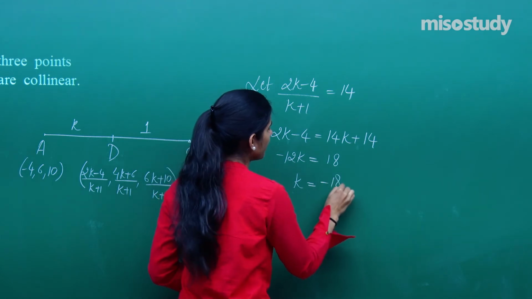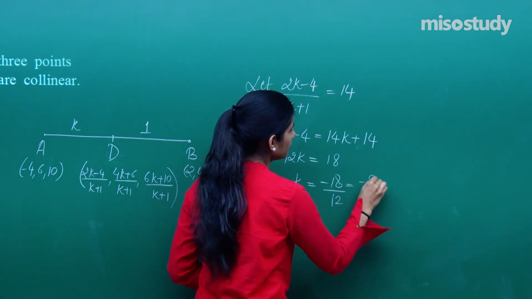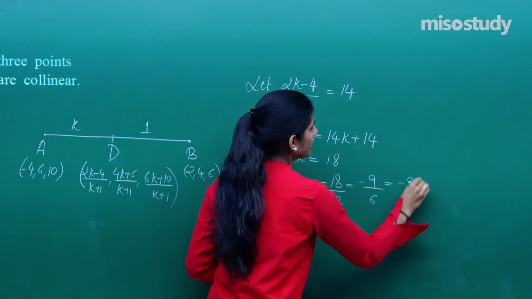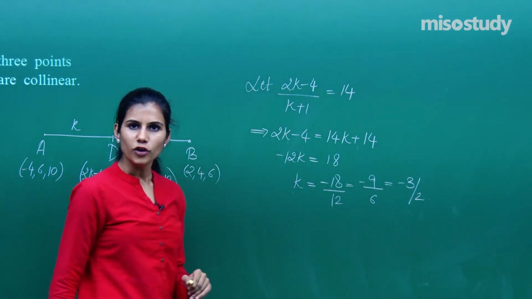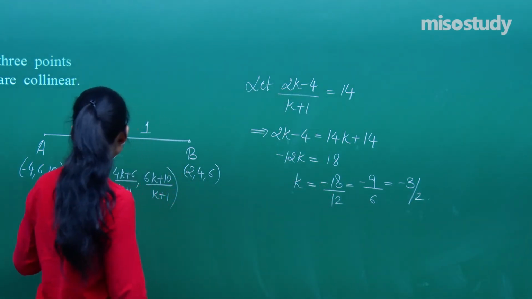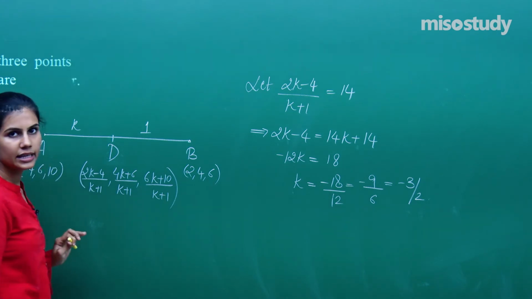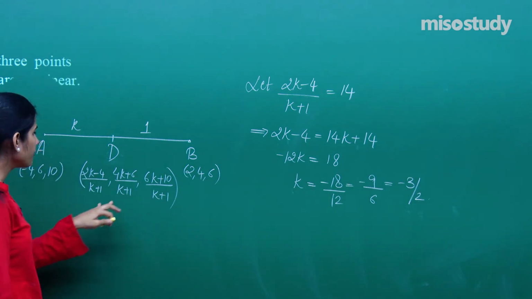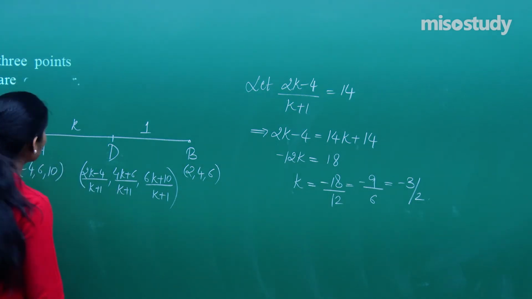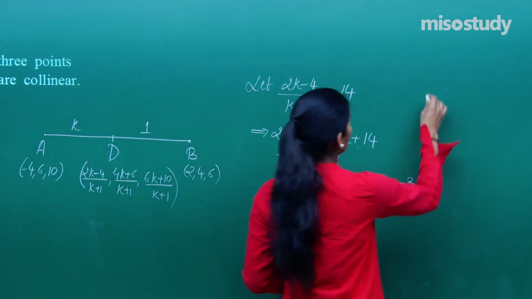K is going to be minus 18 by 12, minus 3 by 2. For k equal to minus 3 by 2, x coordinate of D and x coordinate of C are same. Let's see if for the same value of k, y coordinate of D and y coordinate of C are same or not.